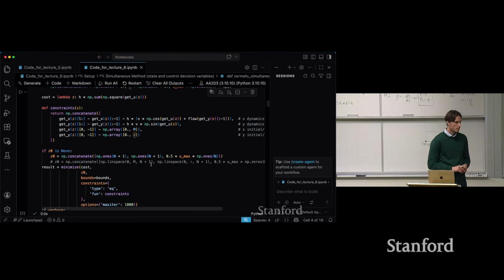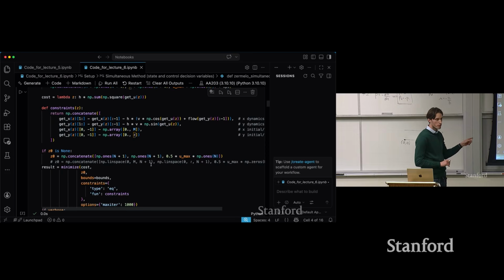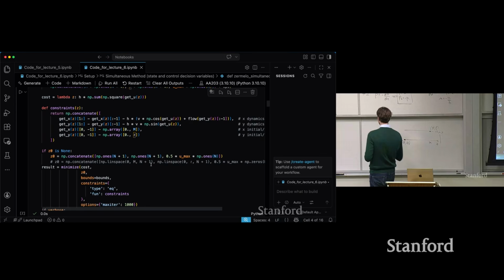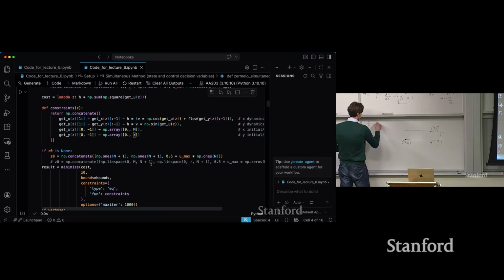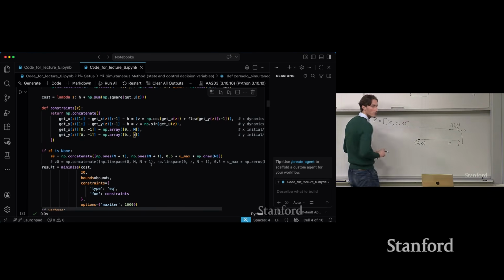Yes? So is your state here z? In this code, we are basically defining z as the concatenation of x, y, and u. So I guess my question is, why are you putting the control in the state? This is just to handle it in code. Okay. Yeah, that makes sense.